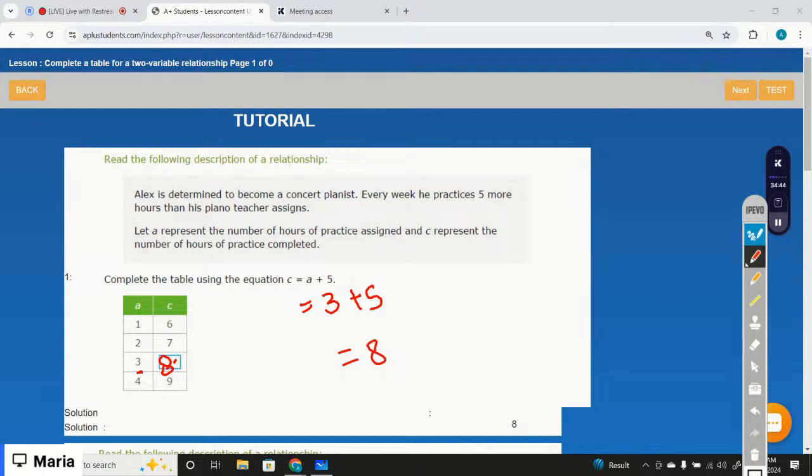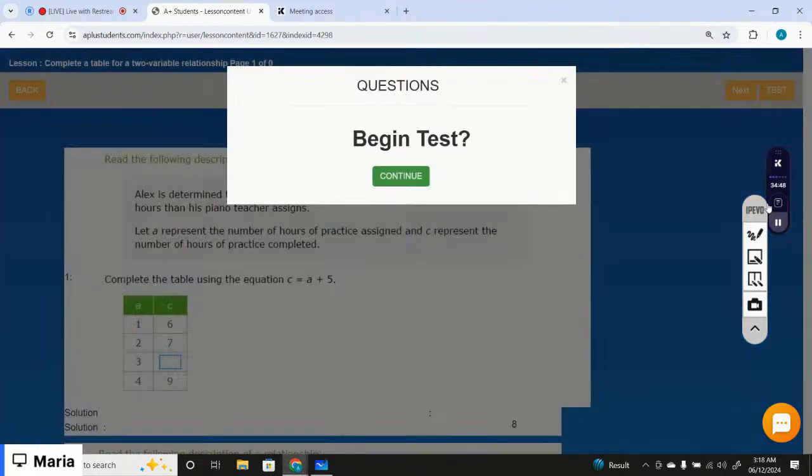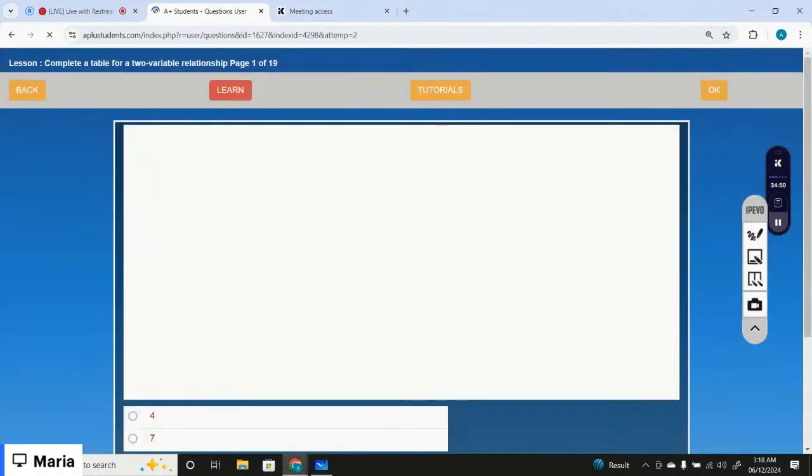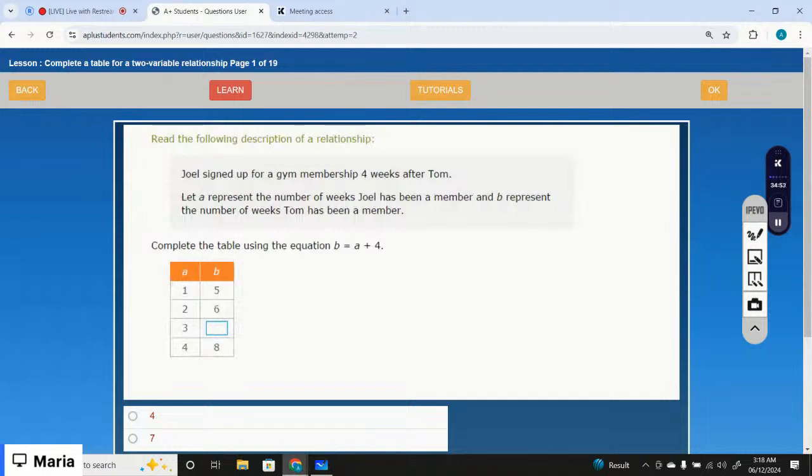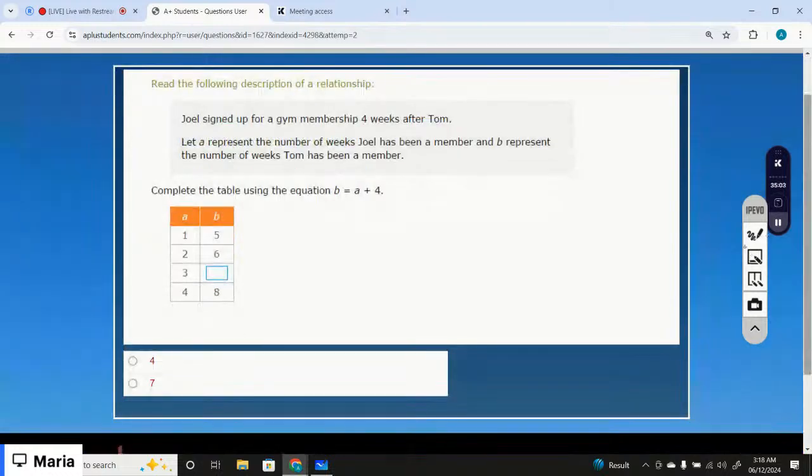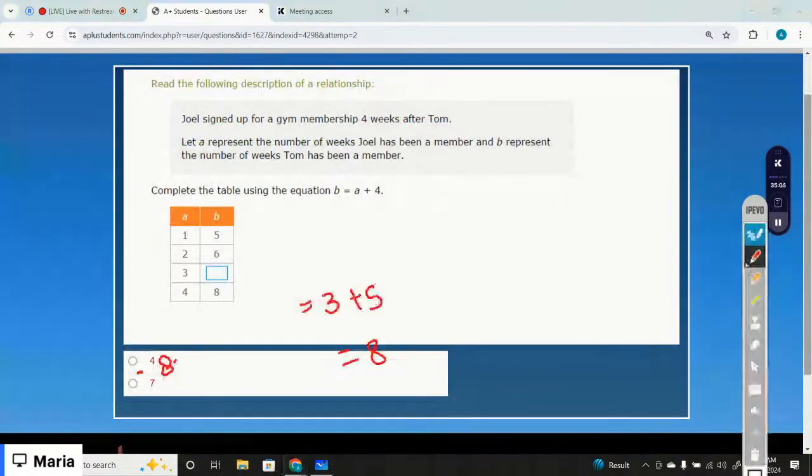Okay, let's just start with the test questions. Basically, you have to replace the variable and find the value that is not given. Complete the table using the equation B equals A plus 4.